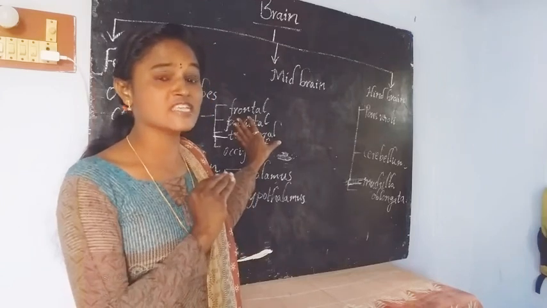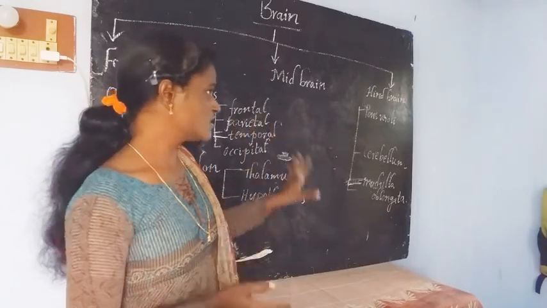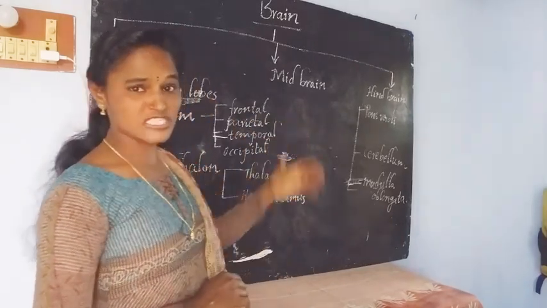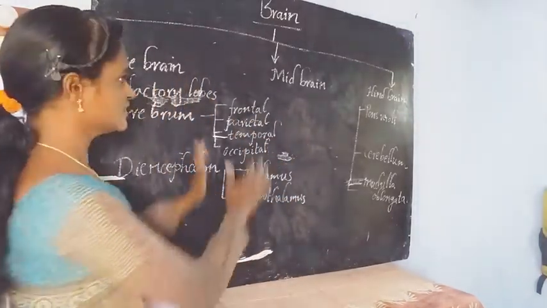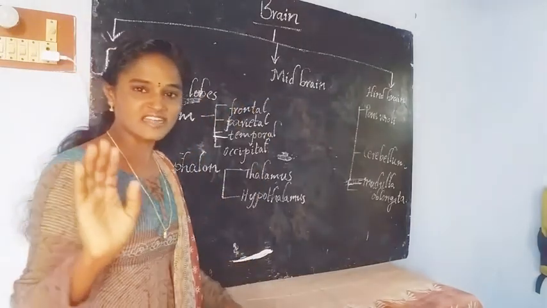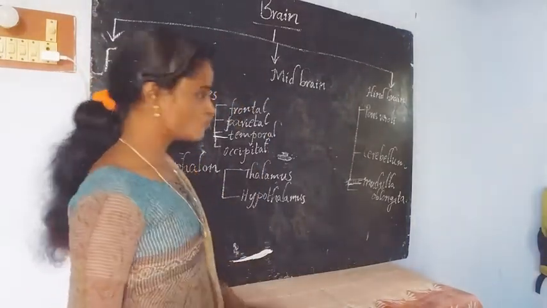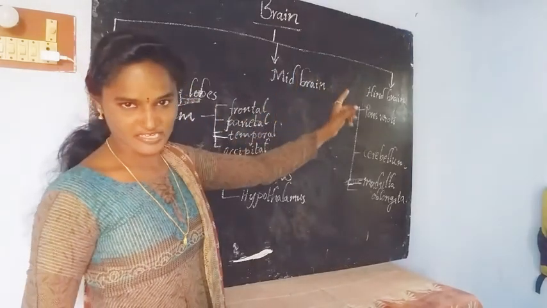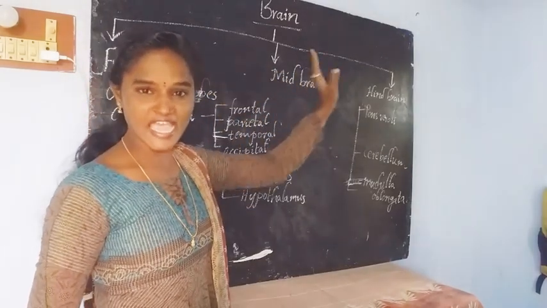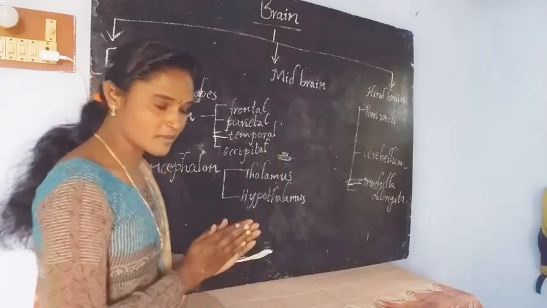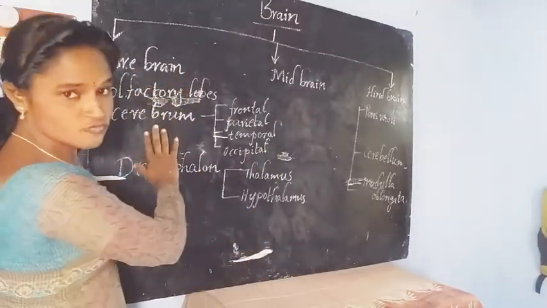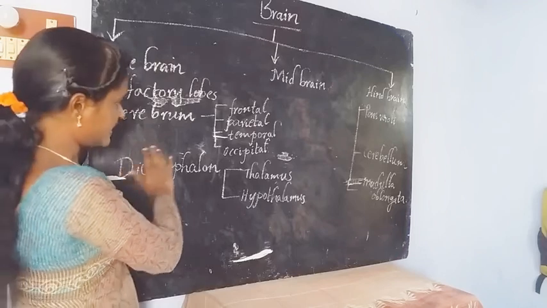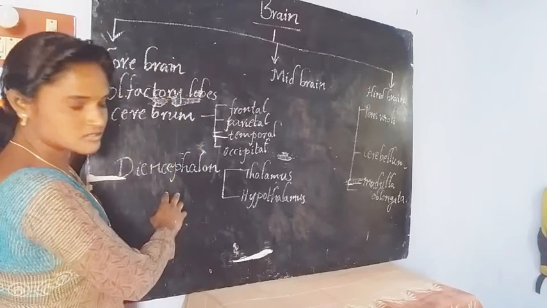It is a very important question for your final exams. That's why I am making this video. See here children, the brain contains 3 important parts: forebrain, midbrain, hindbrain.